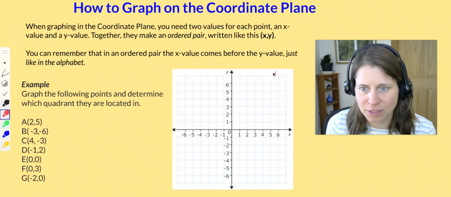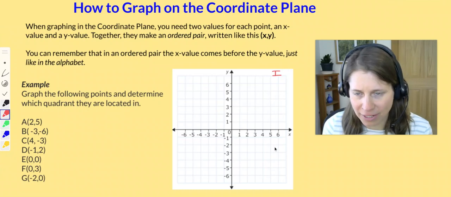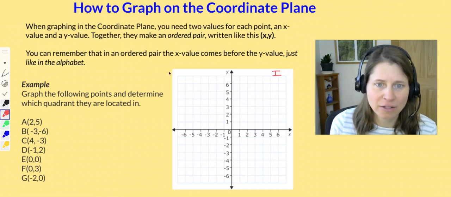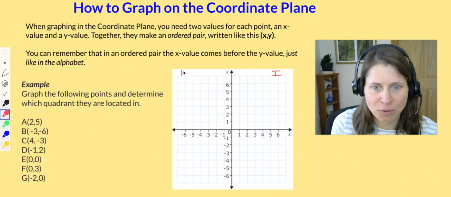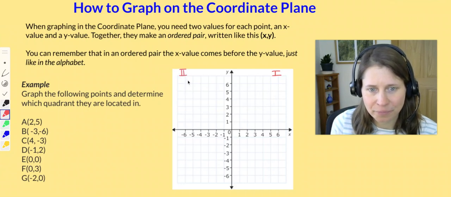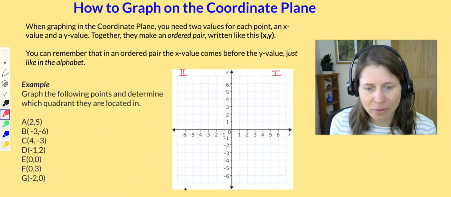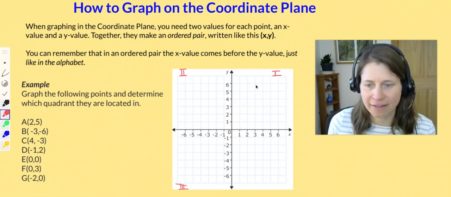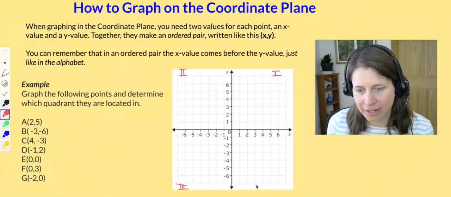This one here is quadrant 1. Then we go counterclockwise to label the rest. So the upper left is quadrant 2. The lower left is quadrant 3. And then the lower right is quadrant 4. Okay?